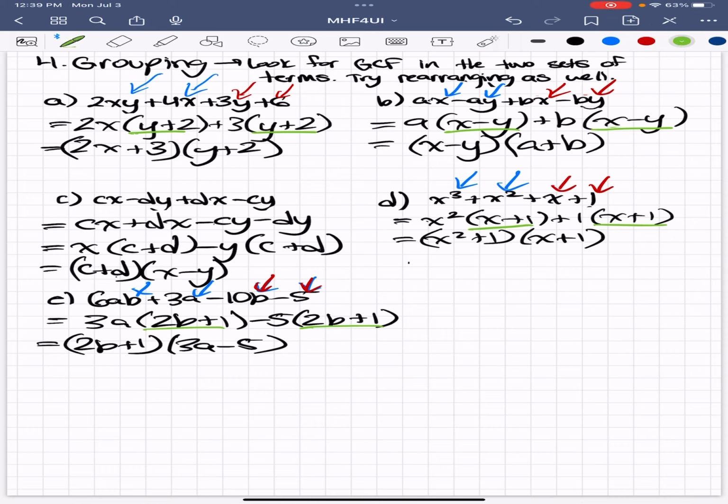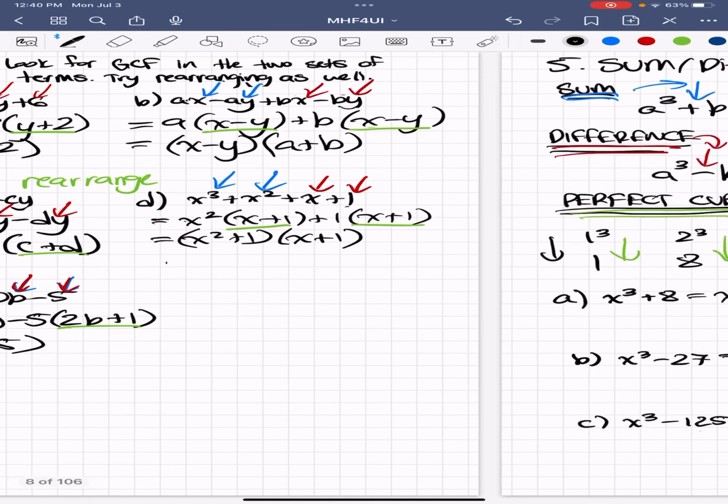So for this one, we had to rearrange. We ended up with a common factor of x and -y.